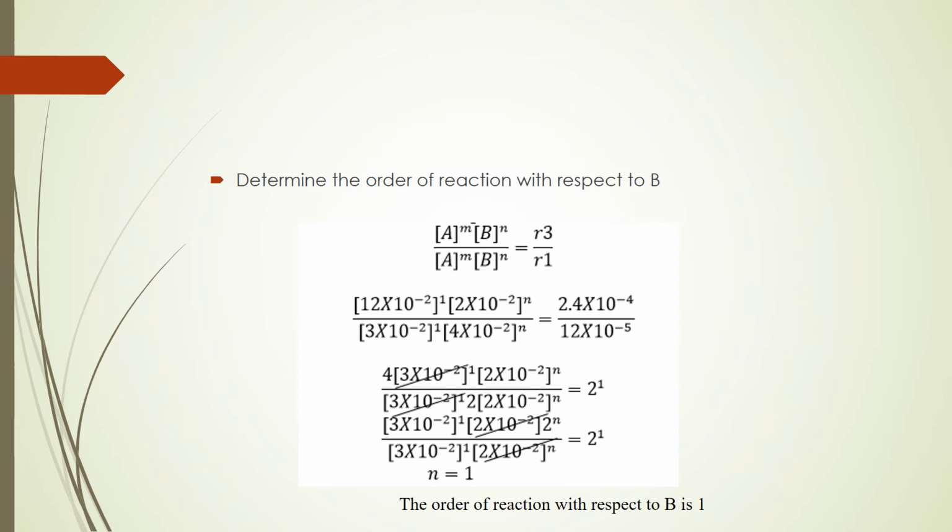The same equation we put here. Concentration of A to the power of m times concentration of B to the power of n, over concentration of A to the power of m times concentration of B to the power of n, equals R3 over R1. How do I know this? Is it R2 over R1 or R3 over R1?